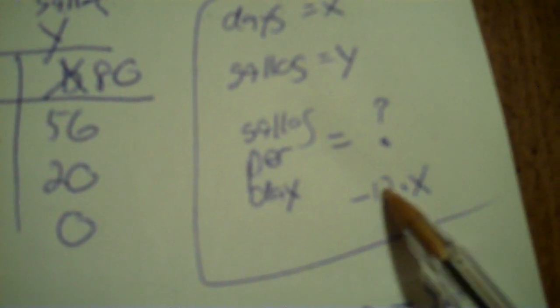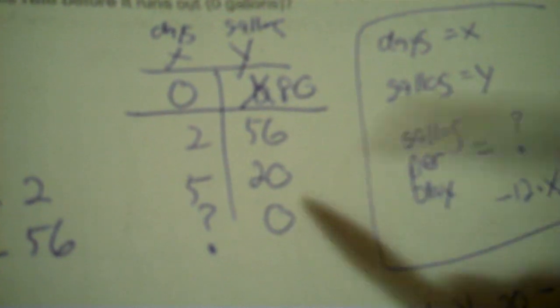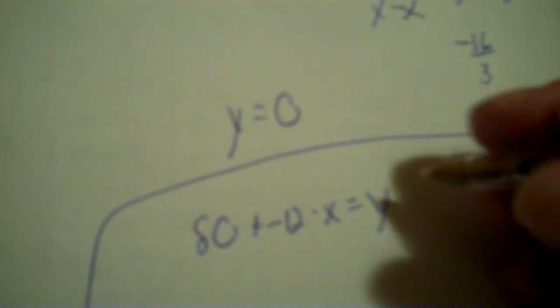So when you have the b at the beginning, you have to apply the slope formula to find the rate of change, and you have to apply y equals m times x plus b to find your beginning. 80 plus negative 12 times x equals y, and y equals 0. So you put 0 in for y.